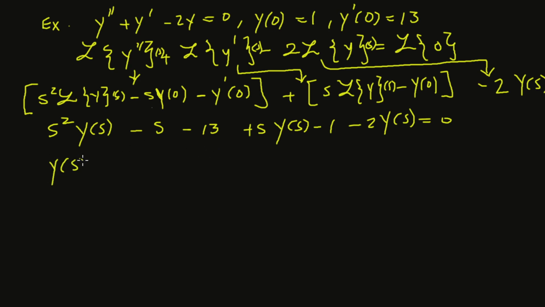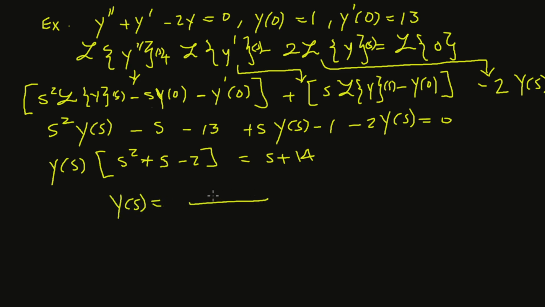Putting the terms of Y of s together and factoring Y of s, we get s squared plus s minus 2 equals s plus 14. So now, sometimes in some exercises you're asked just to find this formula first, so you understand the middle step in the method.